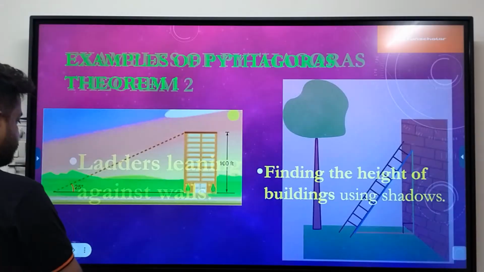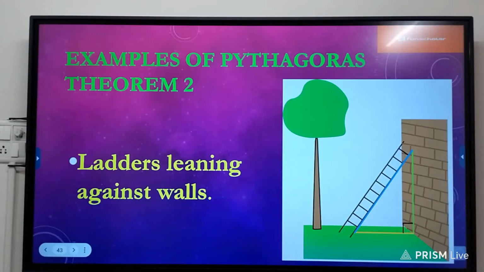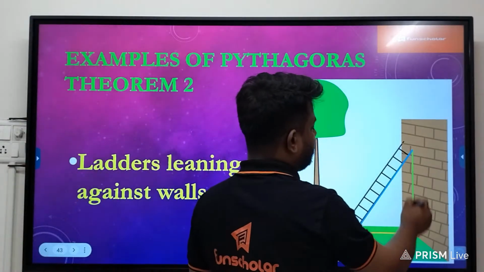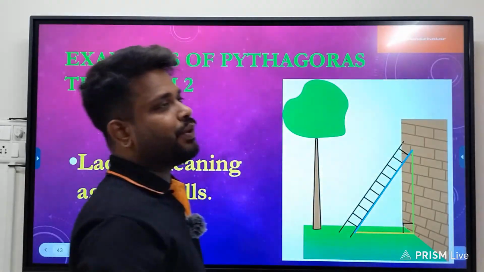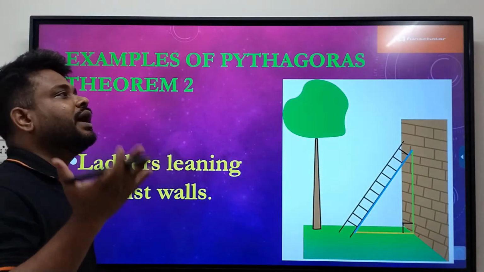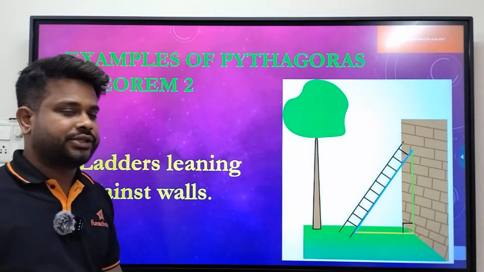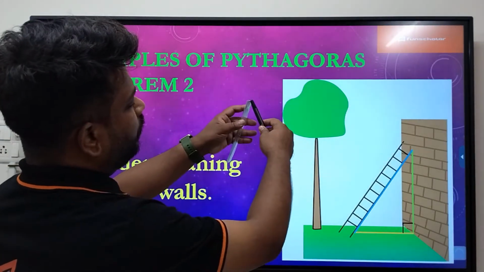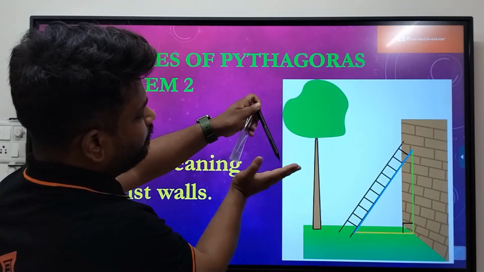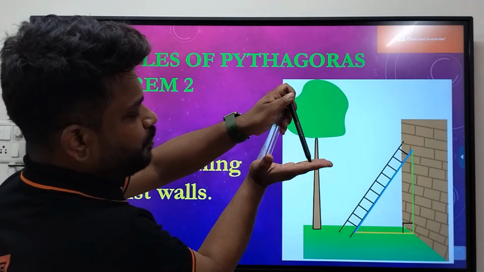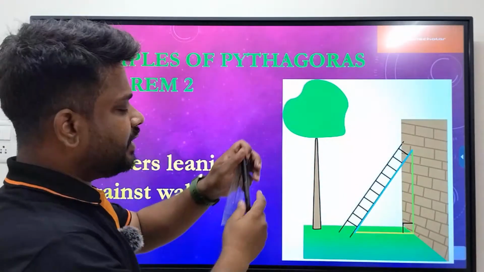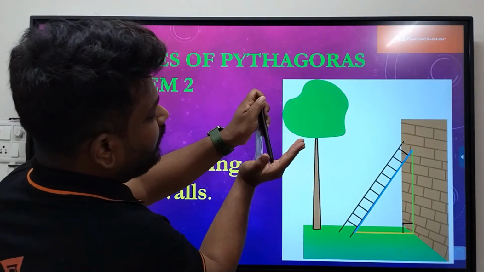Okay, let's go further. Another example of the Pythagoras theorem is a ladder leaning against the wall. This is a prime example where the Pythagoras theorem works. You guys may have seen construction workers or electricians, when they put a ladder against the wall, they have to set the base at a fixed point.